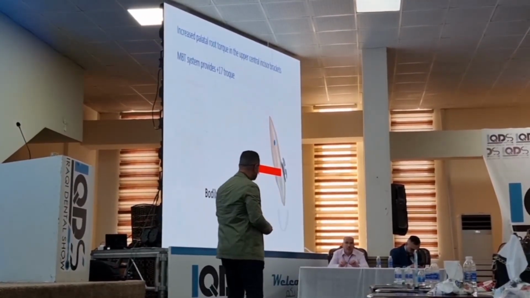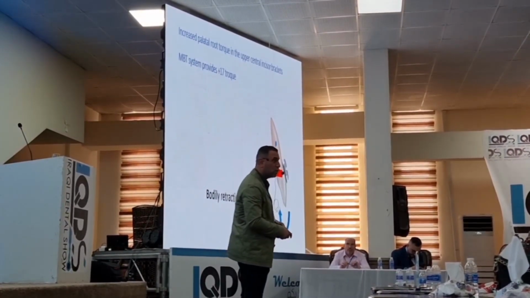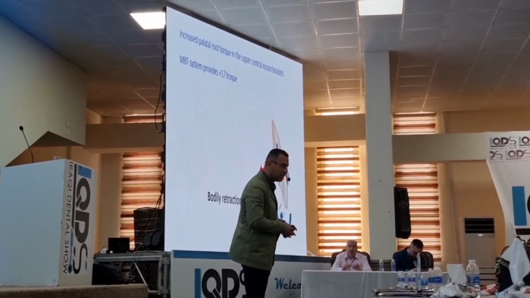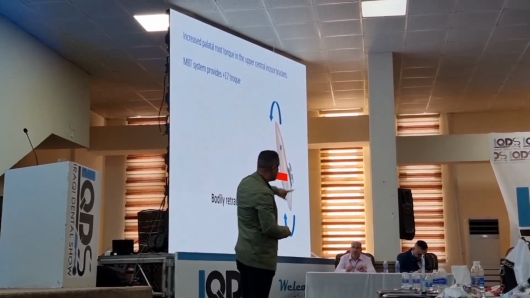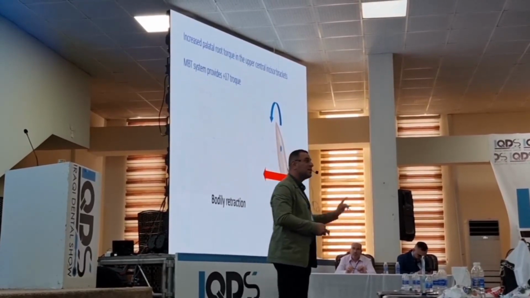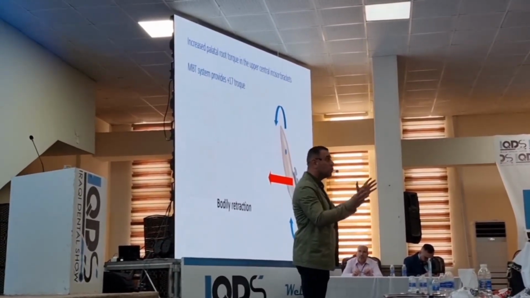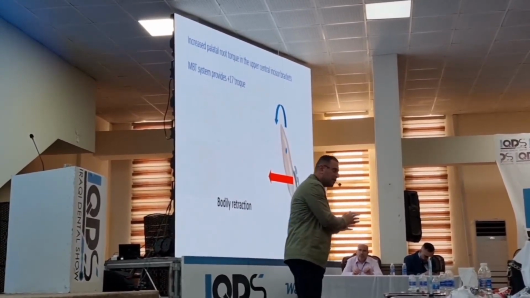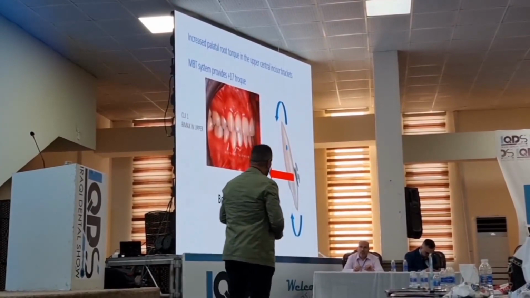When you retract, the teeth will rotate in this direction, the clockwise direction, which could result in uncontrolled tipping. The bracket torque, which is positive 17, will give you a movement in the opposite direction. So there will be neutral movements that could result in bodily movement. This is not enough.